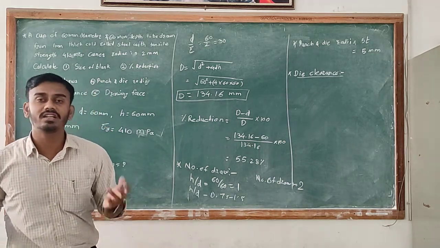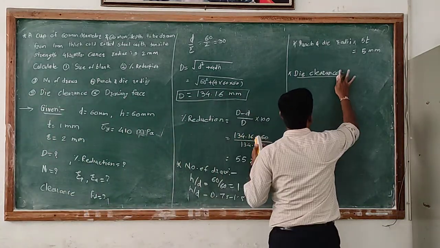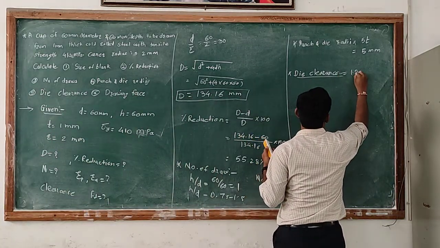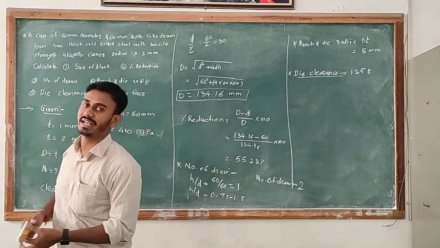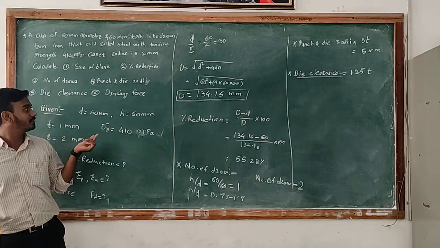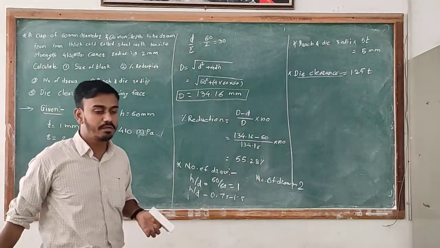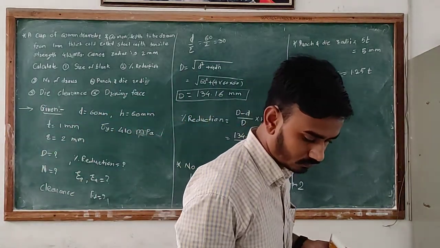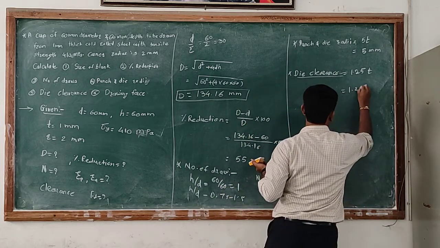We have discussed it in our theory session. Its value is taken as 1.25 times T, and here T is 1 mm, so it should be equal to 1.25 mm.